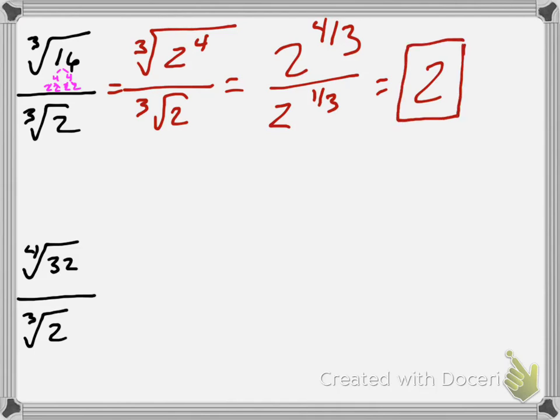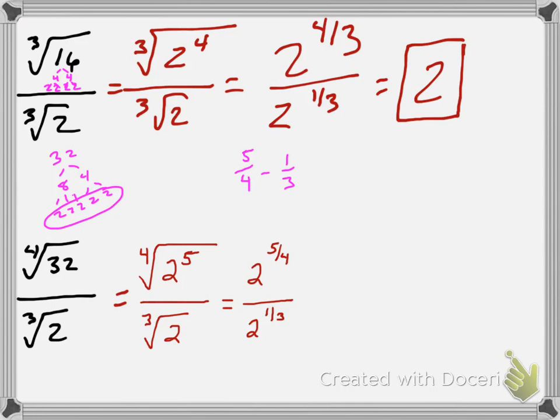Don't need a calculator or anything. You could use one, but where's the fun? We're not taking 2 divided by 2. When you subtract the exponents, you're just left with the same base to that power. If I do x to the 7th divided by x to the 4th, it's x to that power. So this is 2 to the first power. I want you to try the second one using that same skill.